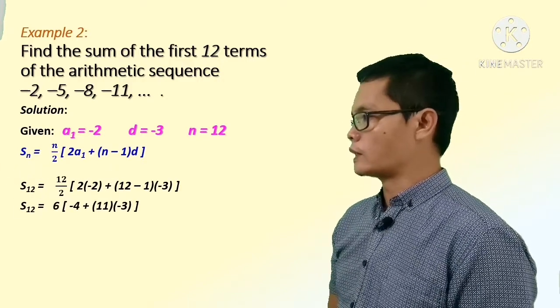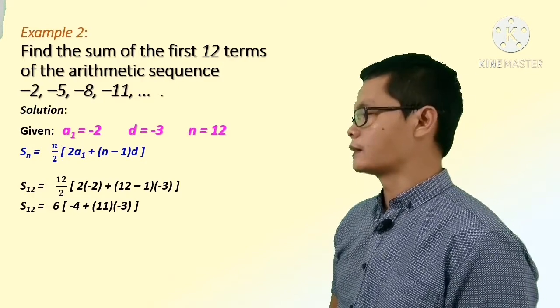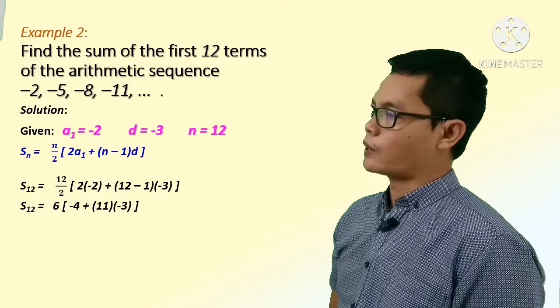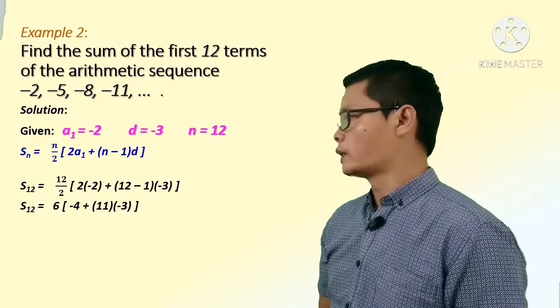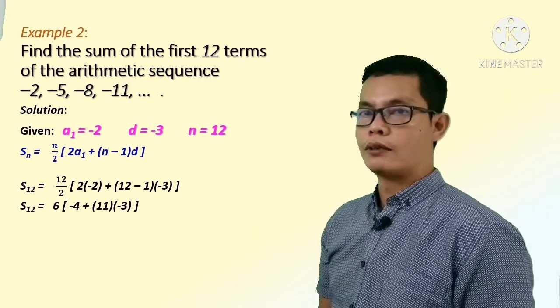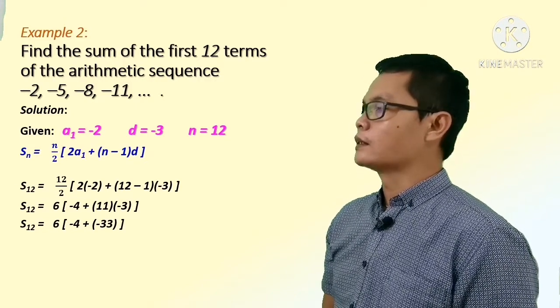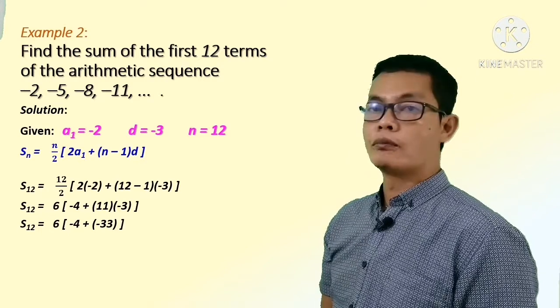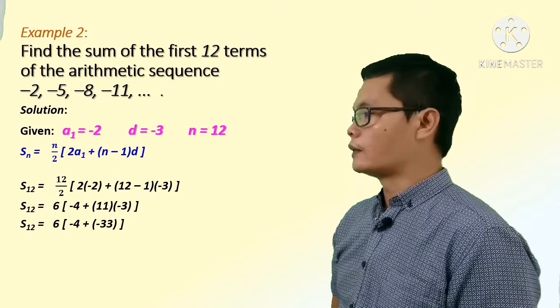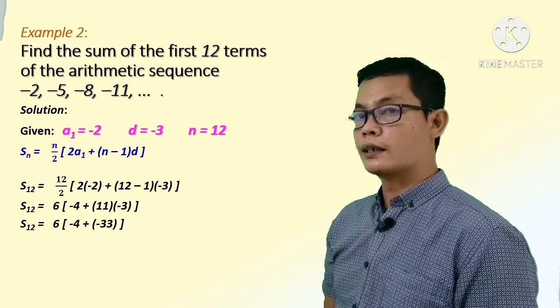S sub 12 is equal to, so the quotient of 12 and 2 is 6, multiplied to the product, which is -4, added to 11 times -3. S sub 12 is equal to 6, multiplied to the quantity of -4, added to the value of 11 times -3, which is -33.